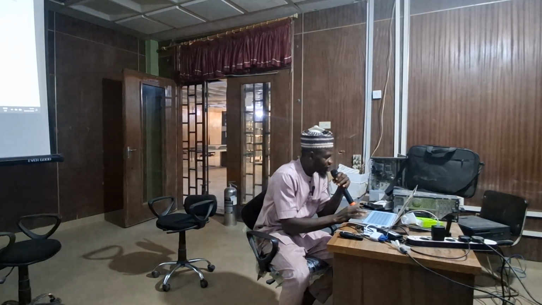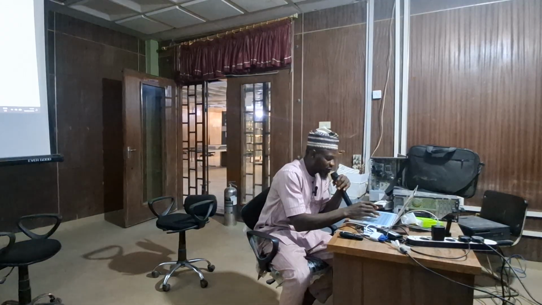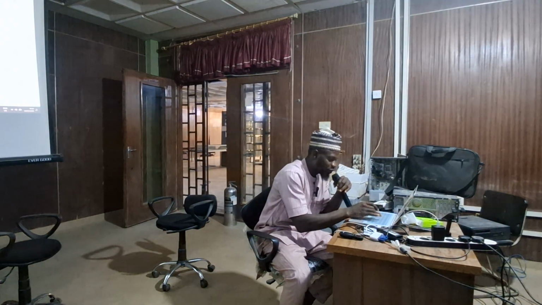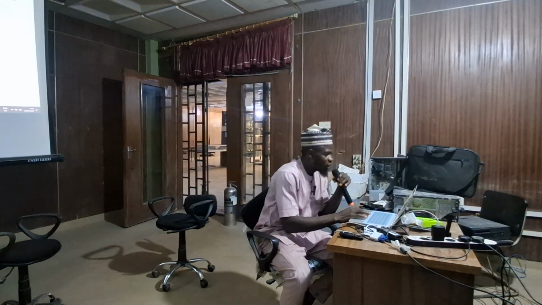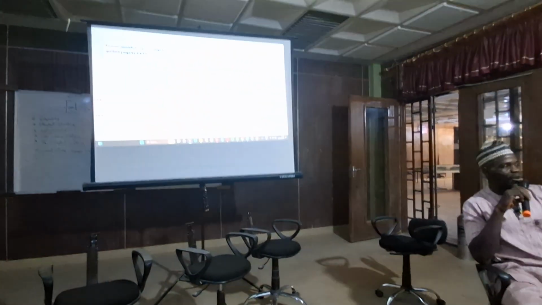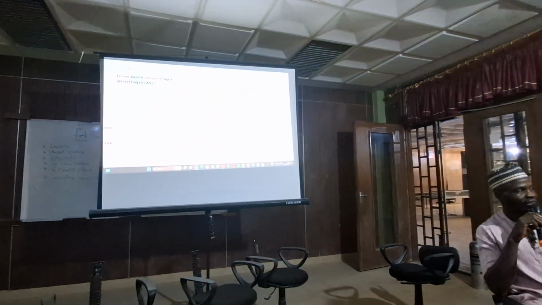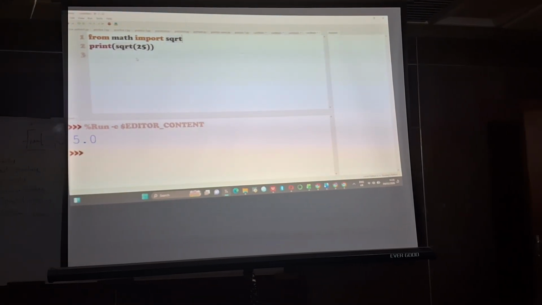You can just do something like this: from math import sqrt. So now it will work. But now I cannot call other functions, because I only imported the square root.